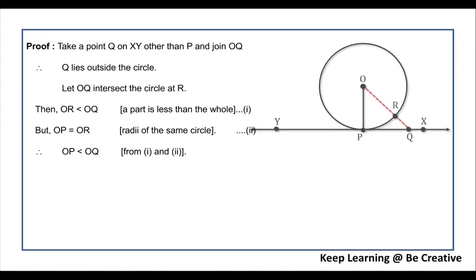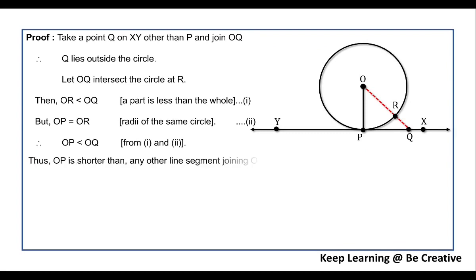Now if such a thing happens, what can we say? We can say that OP is shorter than any other line segment joining O to any point of XY other than P. So if we take any other point other than P on this XY, then OP will be the shortest distance.